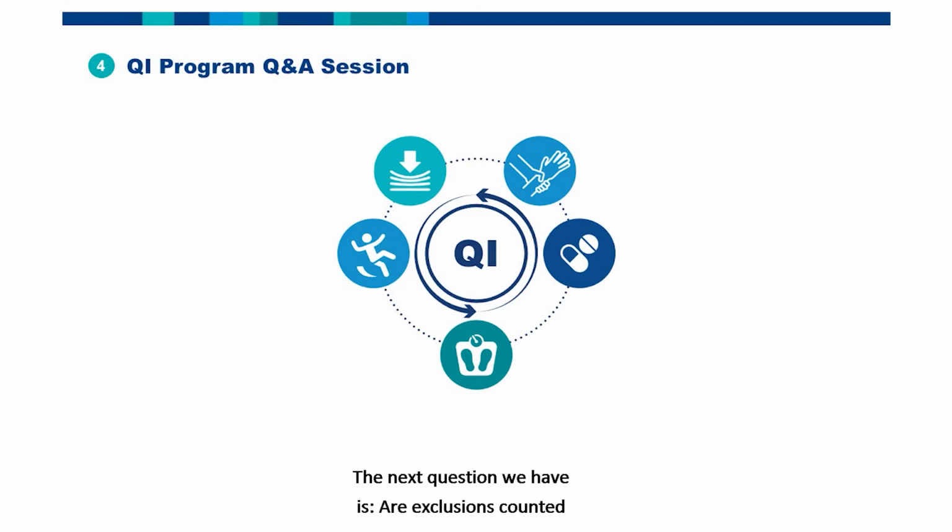Okay, so the next question we have is, are exclusions counted in the number of care recipients assessed? And the answer to that is no. If a care recipient meets exclusion criteria, they should not be counted in the number of care recipients assessed or reported against a quality indicator. However, services should ensure that the care recipient is reported against the relevant exclusion criteria.